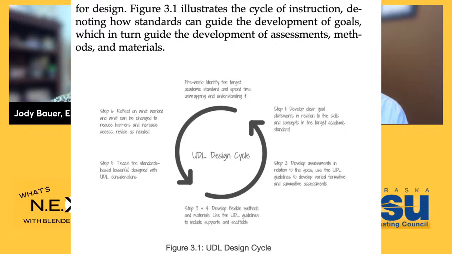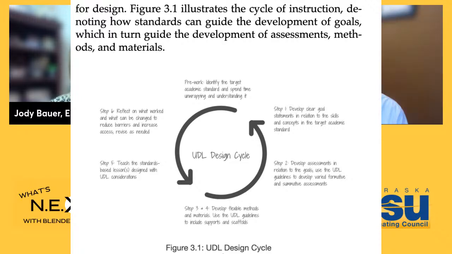Then it goes into the teacher developing their methods and materials that they'll have in the lessons to help reduce barriers. So what I love about this is this connects to number 4 so well because the teacher's intentionally taking the time through the pre-work in steps 1 through 4 before they ever deliver the lesson in step 5. And then a key portion of UDL is reflecting on it in step 6.